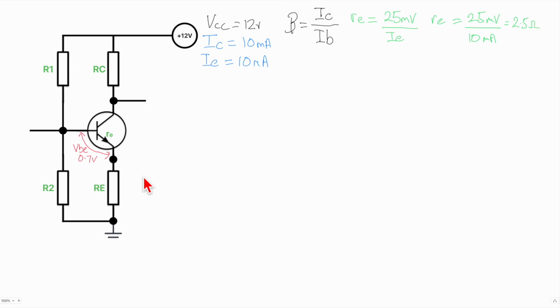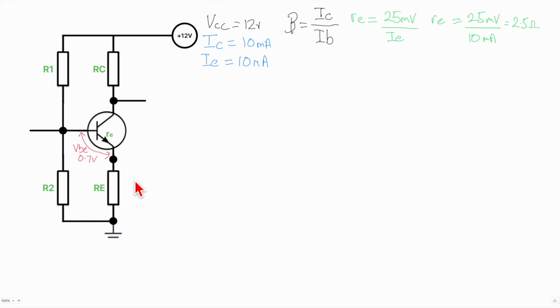In other words, we put a much larger resistance here so that it doesn't really matter how much this fluctuates up and down, right? Because this resistance is so much bigger, it will be this resistance which defines the parameters of the amplifier, not this, right? So it's a clever way of doing it.